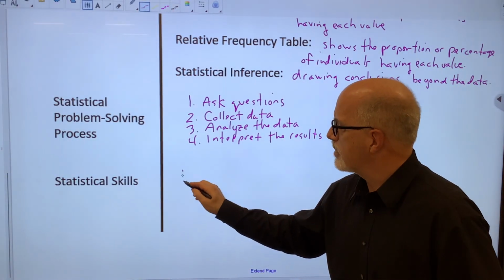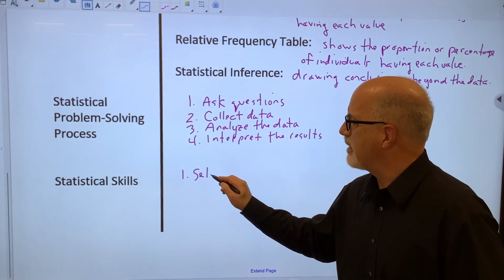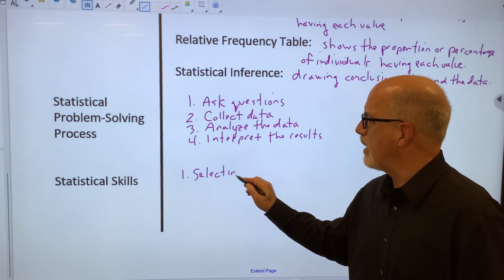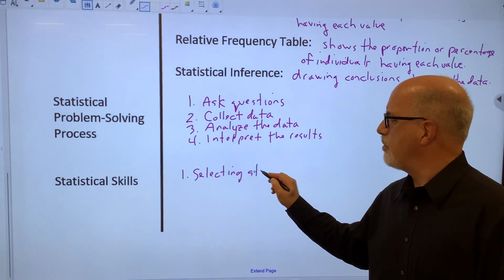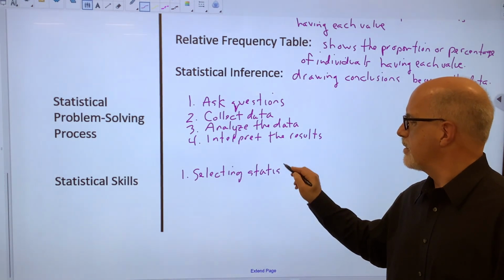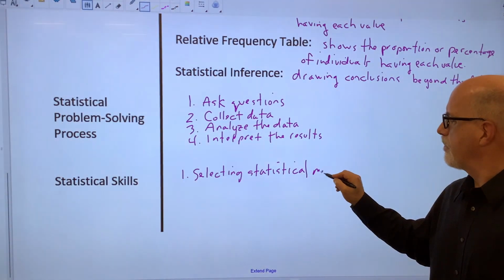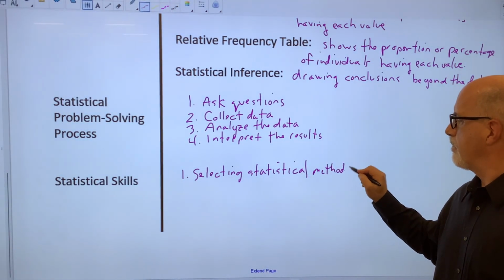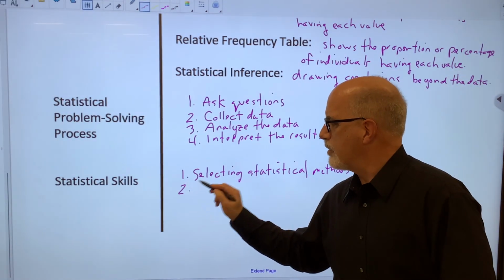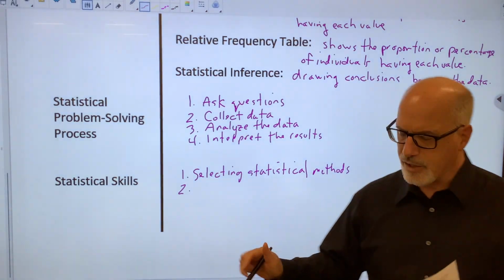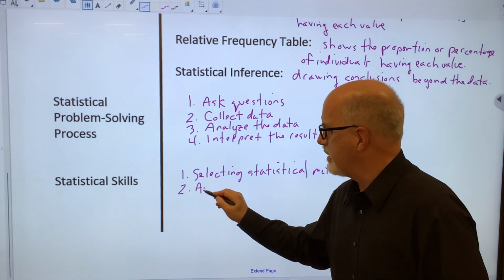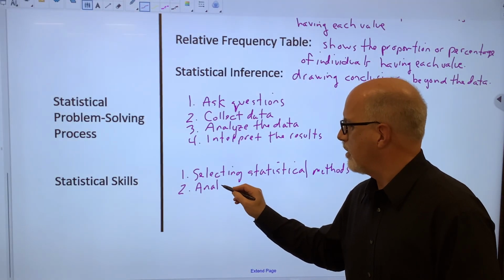So the first skill will be, what method are we going to select? So selecting statistical methods. All right, so you select the method to work with, then you learn to analyze the data. We'll learn that skill.